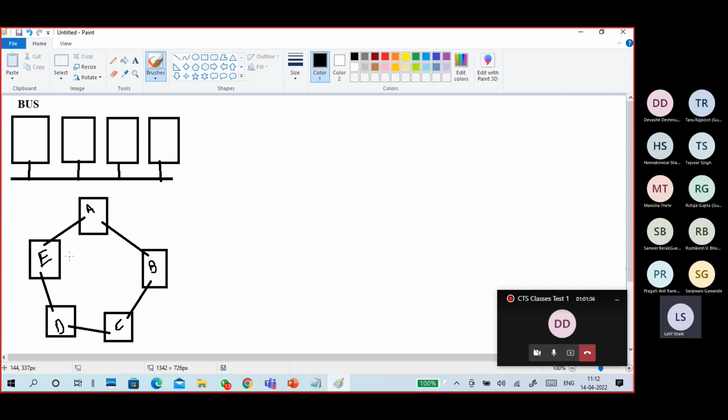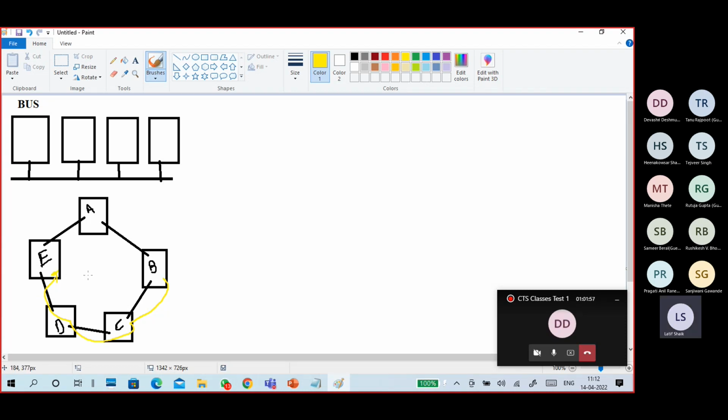B wants to send a packet to E: C, D, E, like this. So when you are communicating B to C, then C to D, then D to E, if it is a bigger circuit, it will take a lot of time.